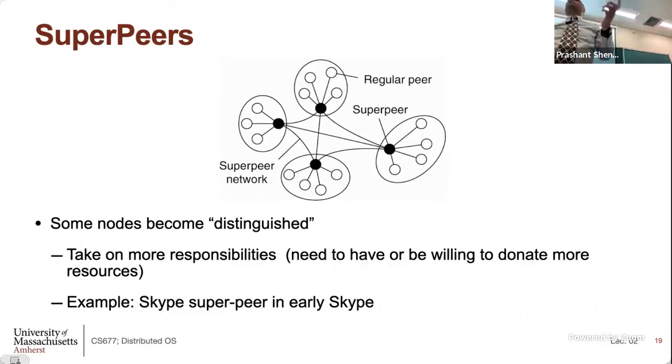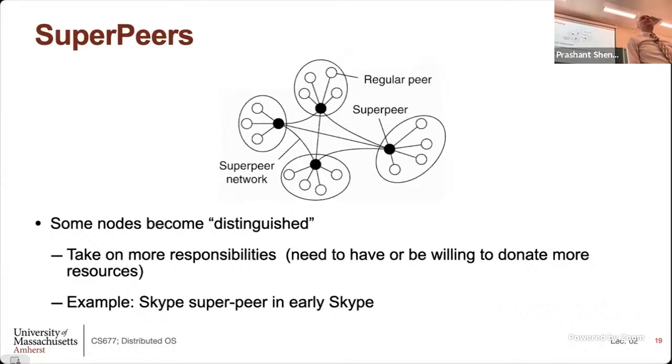So your super peers track which users are logged in within their cluster and what their IP addresses are. The lookups in this case are only handled by super peers. But once you want to make a call and figure out which peer it is, two peers can directly communicate. They don't have to go through a super peer. You can directly make a connection as you do in a regular peer-to-peer system. So that's how this was a way to scale traditional peer-to-peer architectures, and it was then used for other purposes as well.